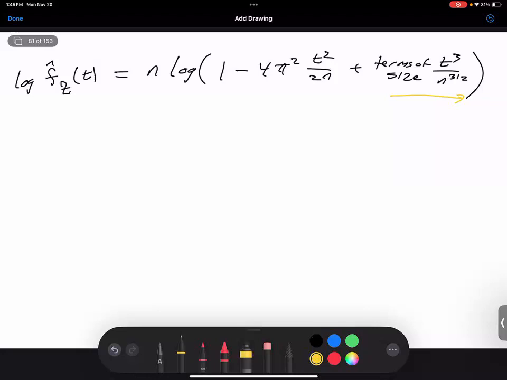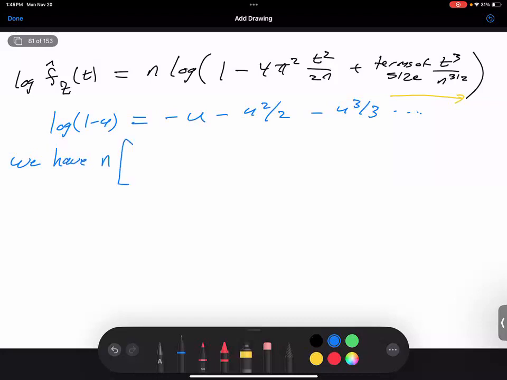Okay. Now, what is the log of 1 minus u? That's going to be minus u squared over 2 minus u cubed over 3, dot dot dot. So we have n. Now what's u?